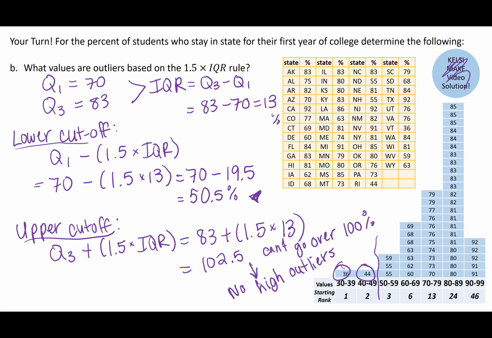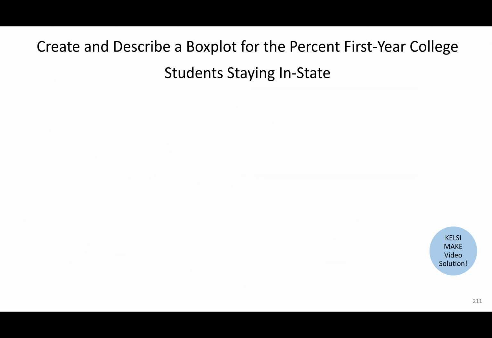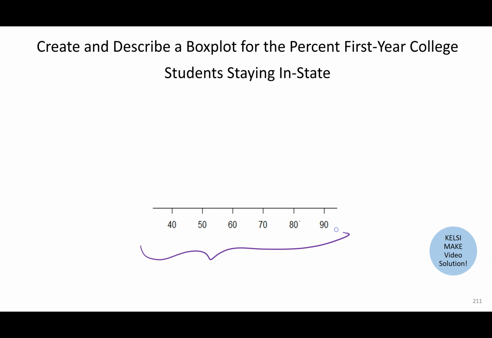So now we're going to put it together, putting it into a box plot. The first thing we're going to do is the axis. We tend to prefer to put box plots horizontally so that they're going sideways. They tend to be a little easier to read. Granted, you'll definitely see them vertically. It's not a big deal. I think I went from about 30 to a little over 90.